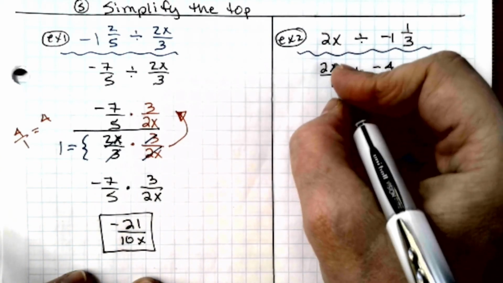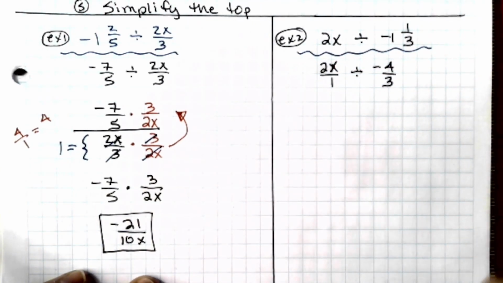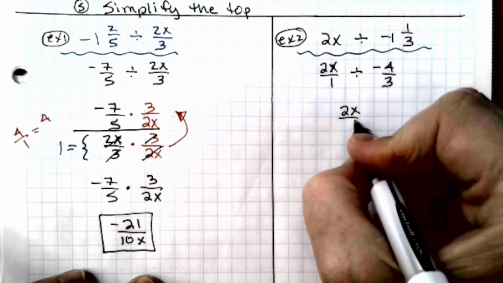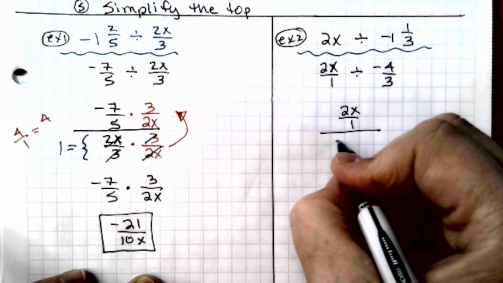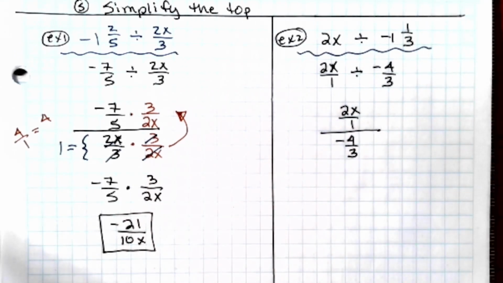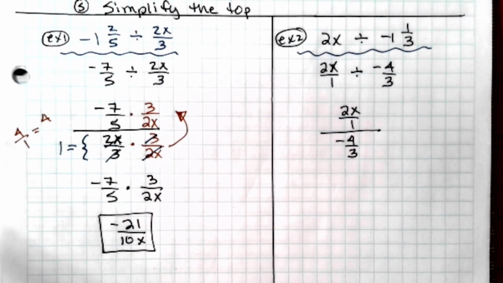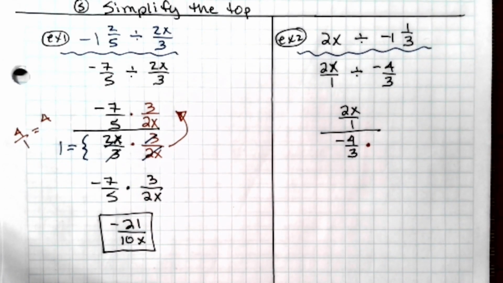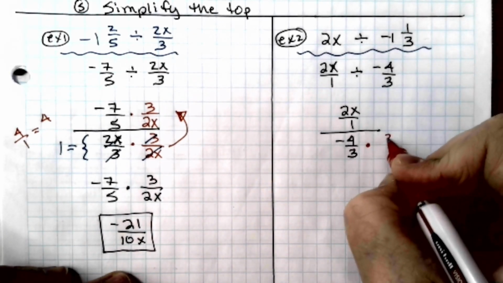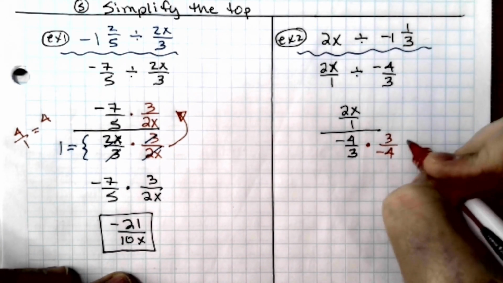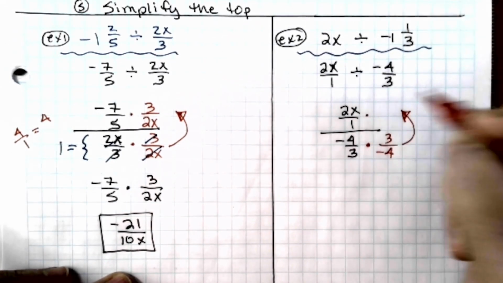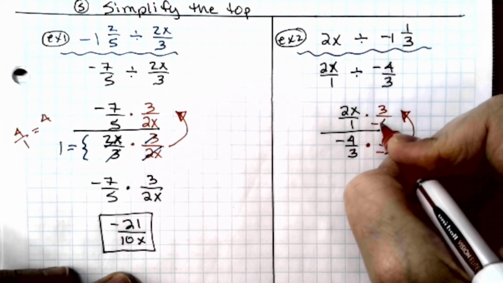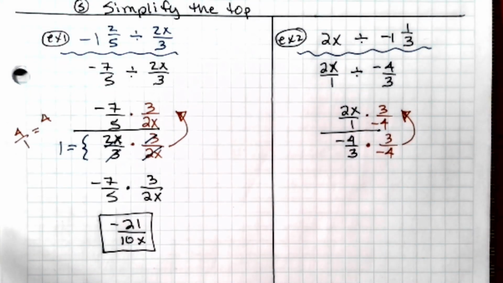Step 2, stack your fractions. So 2x over 1 goes on the top, and negative 4/3 goes on the bottom. Step 3, multiply the bottom by its reciprocal. The reciprocal of negative 4/3, you flip it, is 3 over negative 4. And that tells you to multiply the top by the same thing, 3 over negative 4.